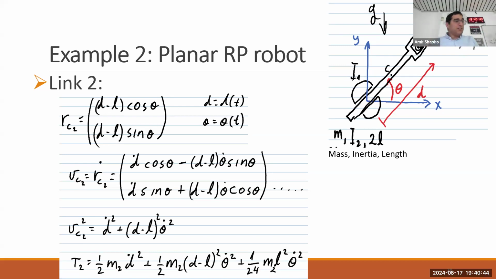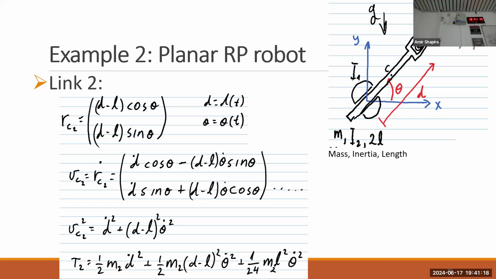Then we take the derivative of this. We have only d and theta, which are parameters that change over time. So we take the derivative with respect to time. It's d dot cosine theta minus d minus L times theta dot sine theta.